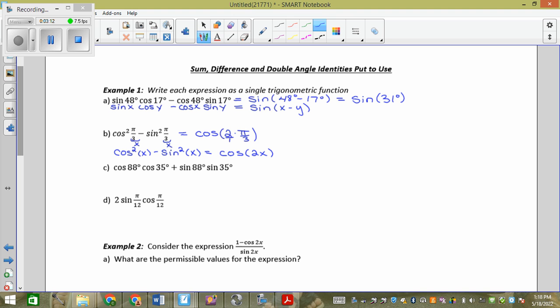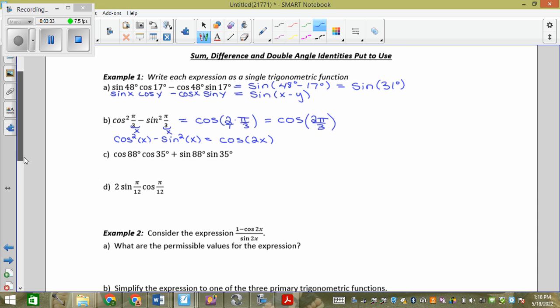This is just 2 over 1 times pi over 3. So it's just cos 2 pi over 3. And if they wanted to, we could actually get an answer for that, because cos 2 pi over 3 is negative a half. But I didn't ask for that.